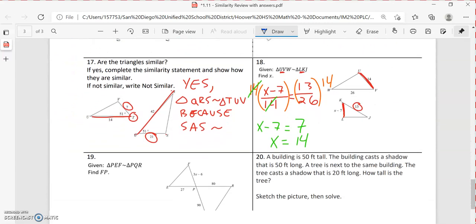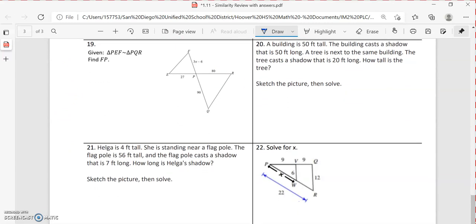Okay, last 4 questions. 19. Given triangle PEF is similar to PQR, find FP. So I'm going to first make sure I identify similar sides. So PE and PQ. PE is here, PQ is there. So those two sides are related.